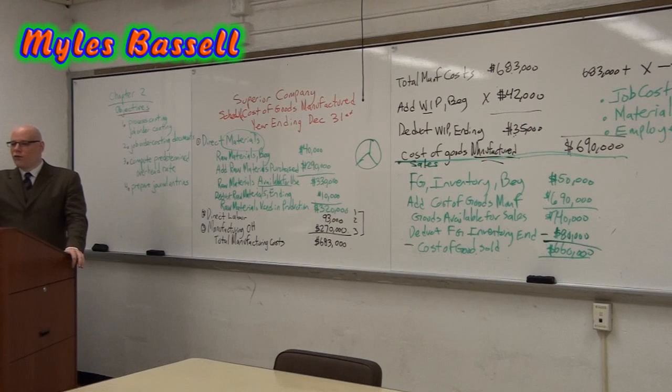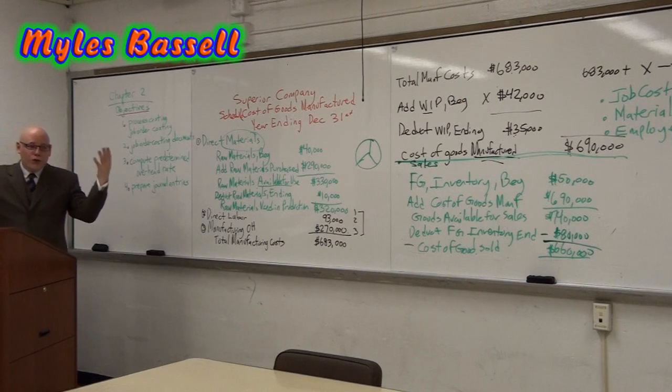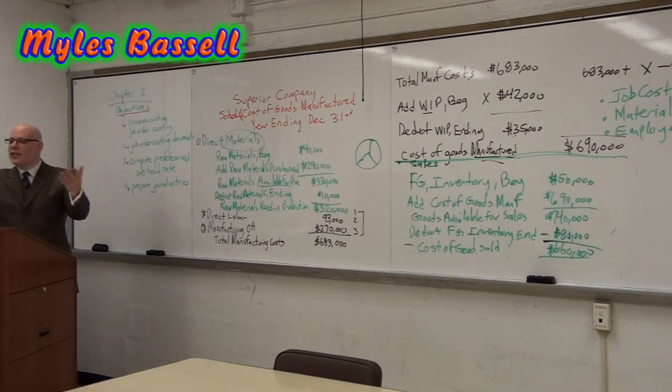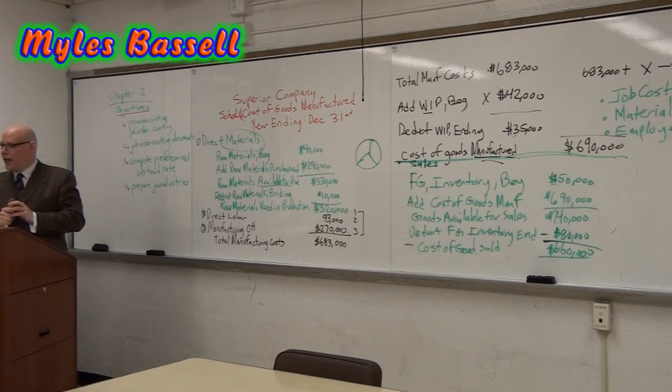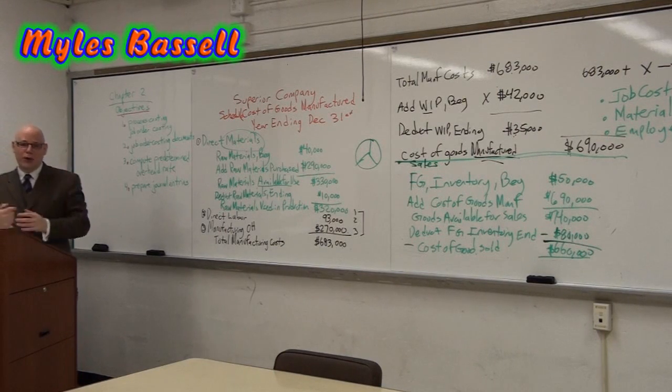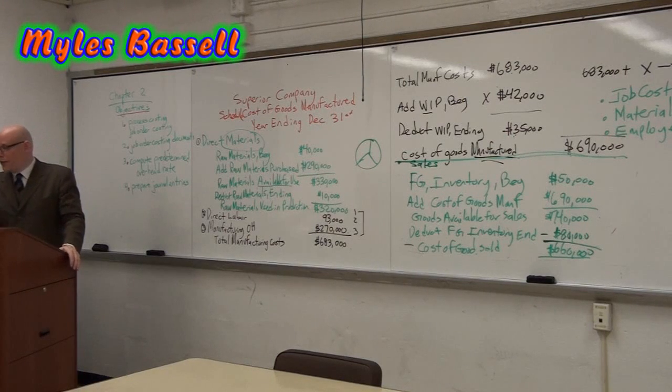We need to know beforehand, so that we could make decisions, what is the level of manufacturing overhead that's going to be applied to a particular product. And then at the end of the period, we're going to have to make an adjustment, because by the end of the period, we should know what was the manufacturing overhead that was incurred.